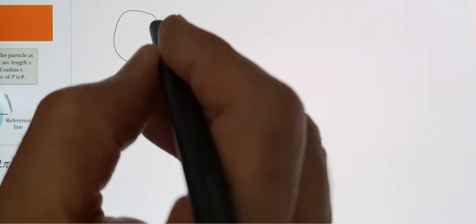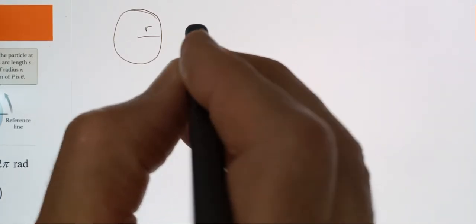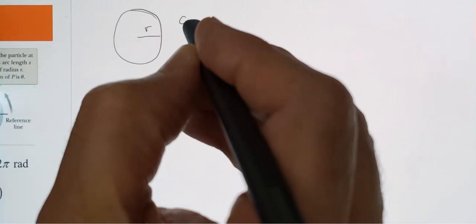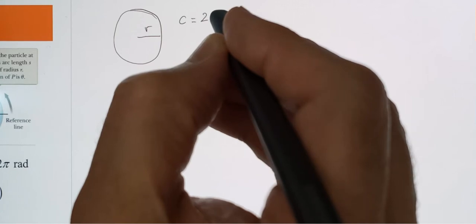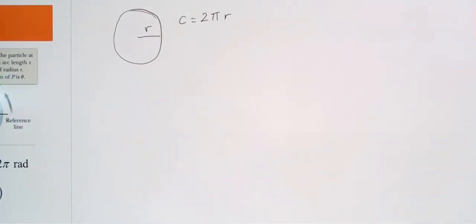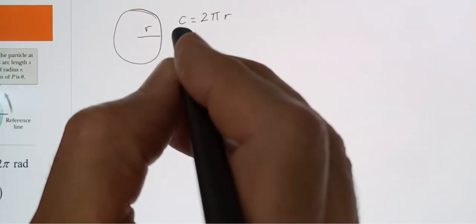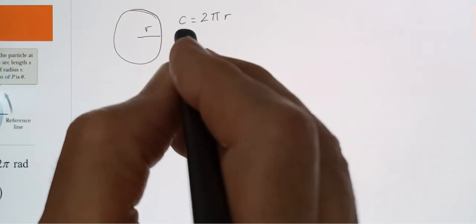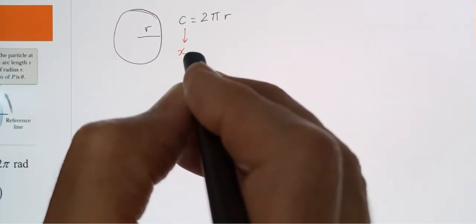So let us start with a circle. It has the radius r, and let's calculate the circumference of that circle. It is equal to 2 pi multiplied by r. Here, c is a distance. It's what we call usually x, just a distance.